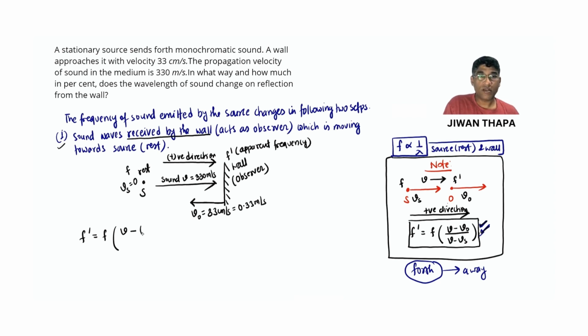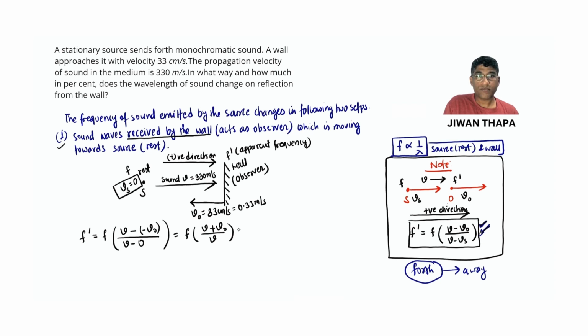So we have minus v naught, so v minus 0, because vs, that is velocity of source, is 0. So we have f times bracket v plus v naught divided by v.